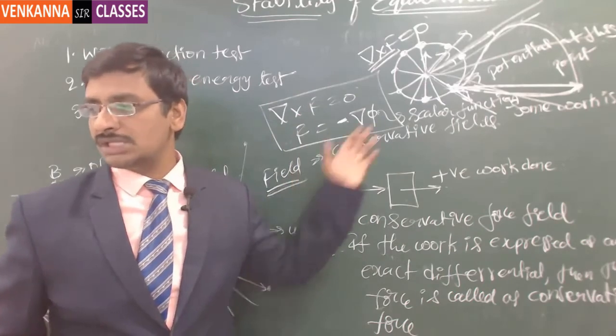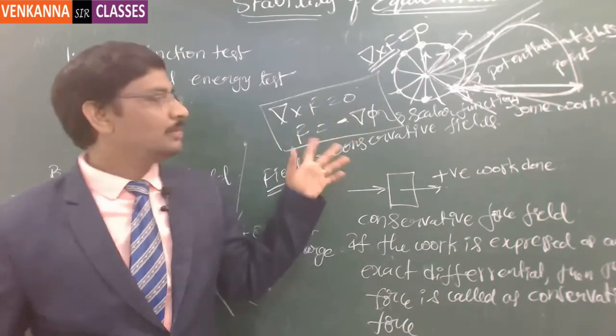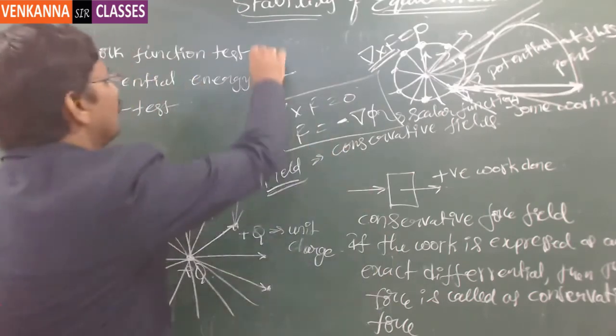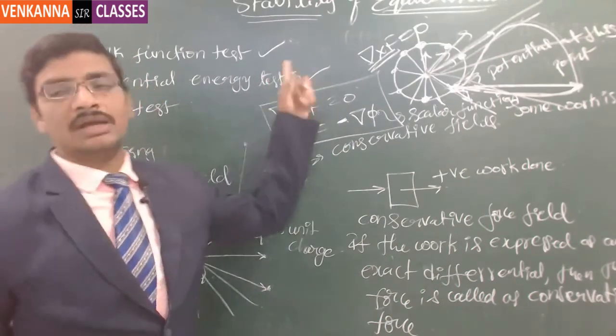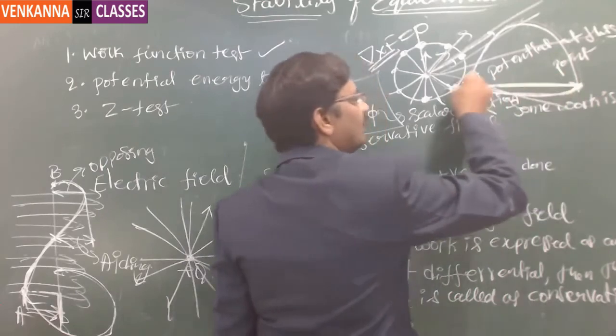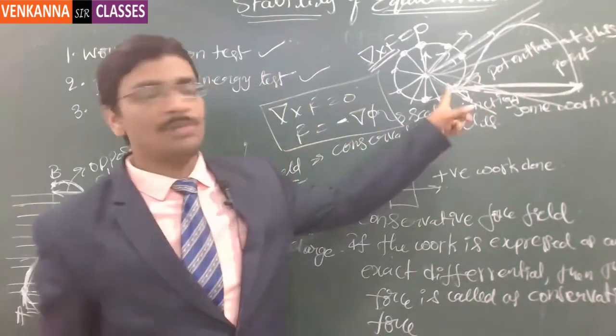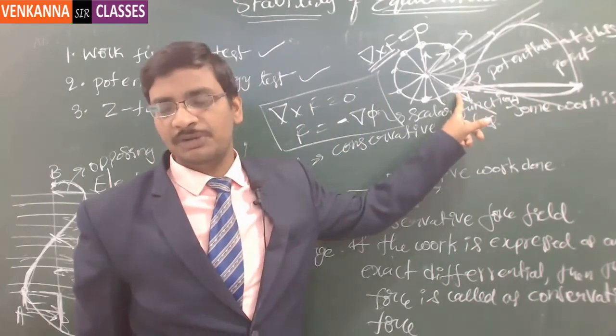Got it? So the whole discussion, whatever we have done here, why? Because there is something called the work function and the potential energy, and these two are interrelated to each other. Whatever work we have done from here to here is getting stored in the form of energy at this particular location. Why do we call this energy at this location?